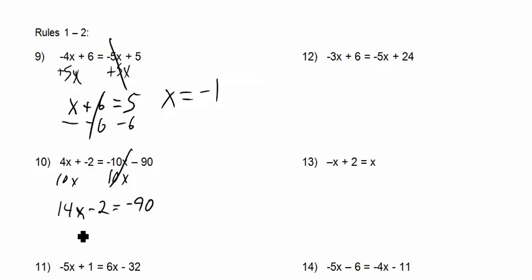We add 2 to both sides. We're left with 14x equals negative 88, because it's negative 90. We divide both sides by 14.